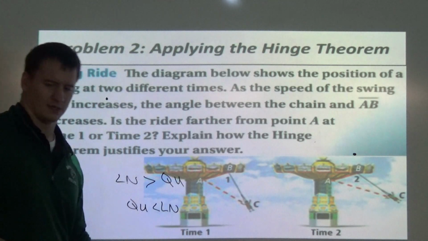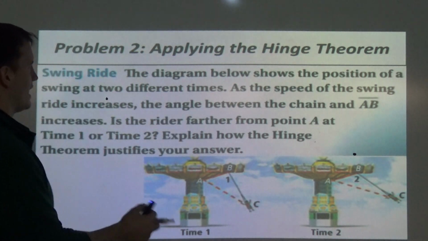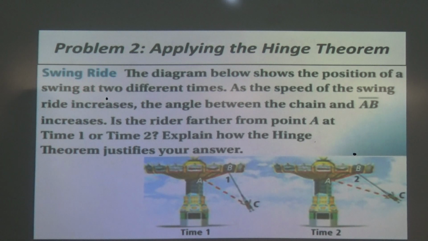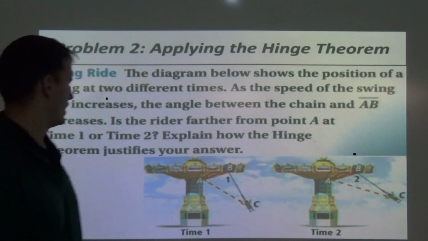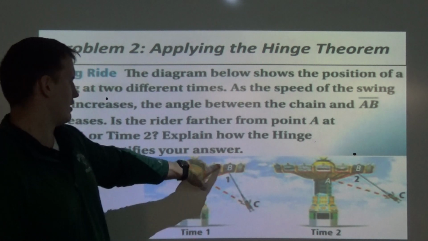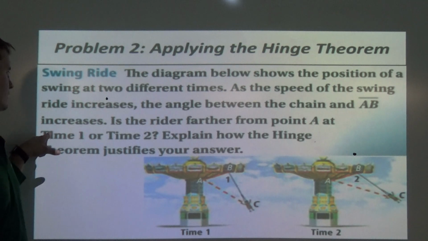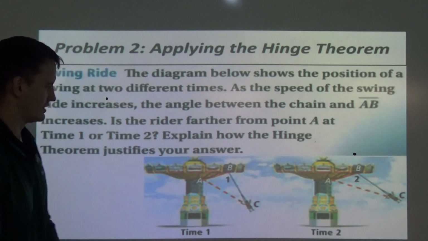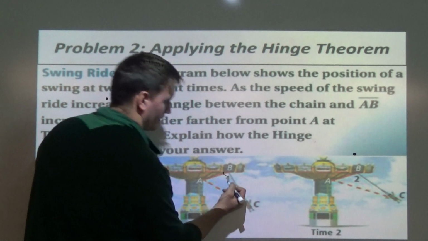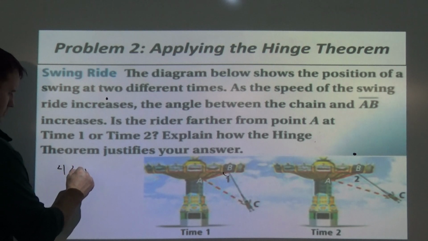Alright, problem 2. I did not like this problem when I went over this myself. The diagram below shows the position of a swing at 2 different times. As the speed of the swing ride increases, the angle between the chain, which is this dotted line, excuse me, this is the chain right here, and AB increases. Is the rider farther from point A at time 1 or time 2? They're saying angle 1 is less than angle 2.